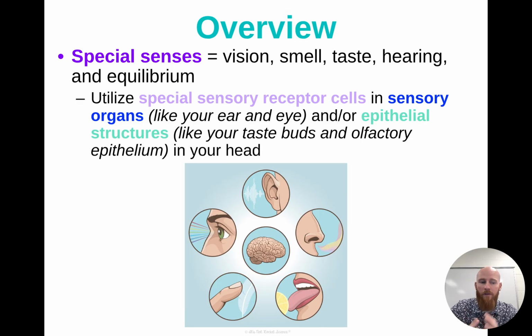Now, as we go through this, what I would recommend is that we're going to be doing our big body diagrams where we label key anatomical structures related to these sensory organs. We're also going to be doing lab stations where we look into some physiology, some practical application of these different senses.